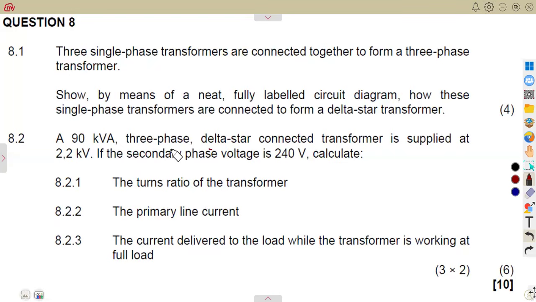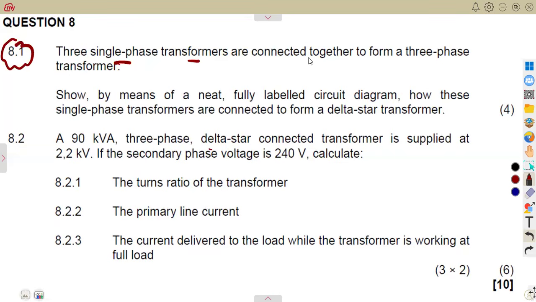are connected. So this is the condition that you're given here, whereby we know that the three single-phase transformers are connected together to form a three-phase transformer. So this is the idea that we are having.